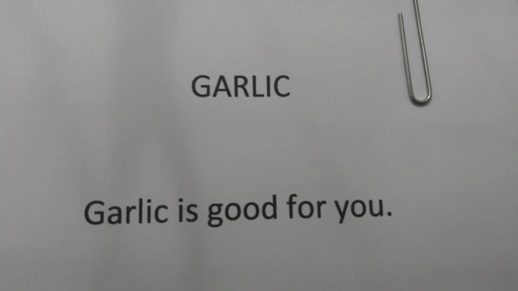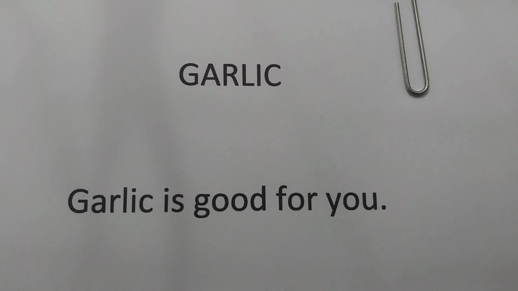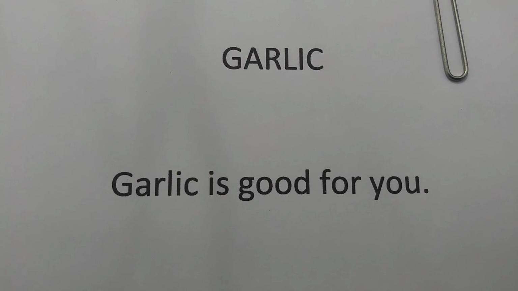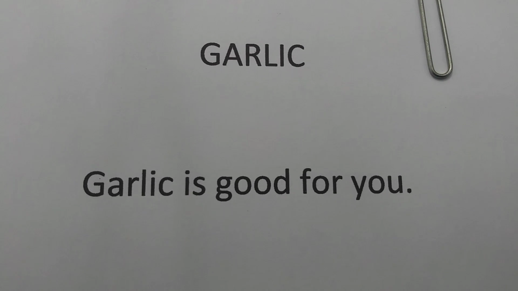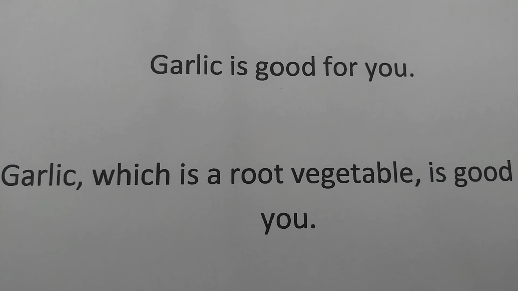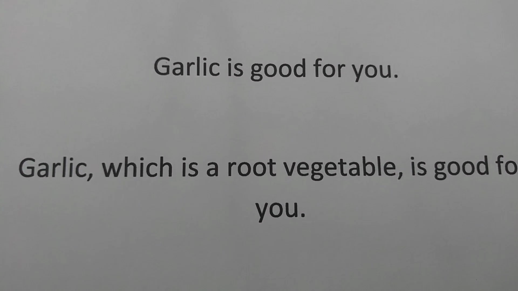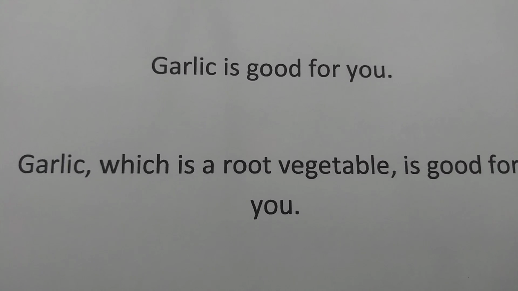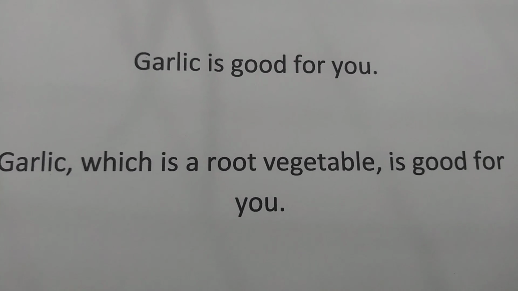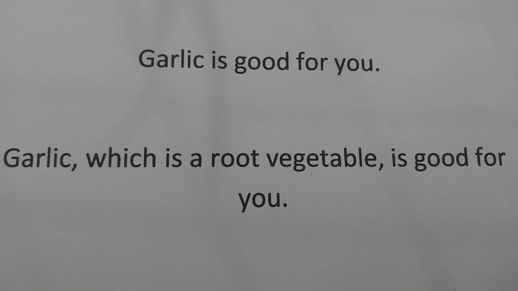All right, here's another simple sentence. Garlic is good for you. Okay, most people know that. But let's tell why it's good for you and a little bit more about it. Okay, I'm going to add a who which clause. Garlic, which is a root vegetable, is good for you. A lot of people call garlic a spice, which we use it that way.